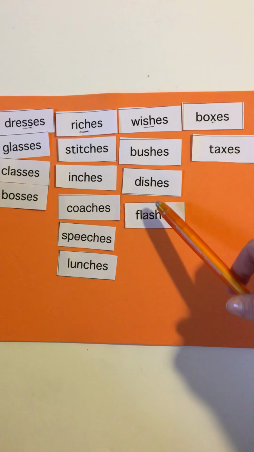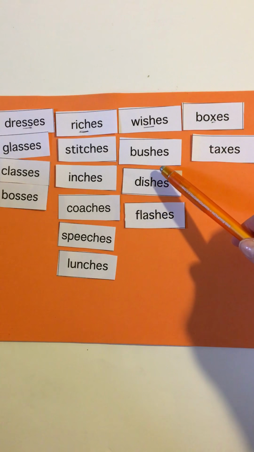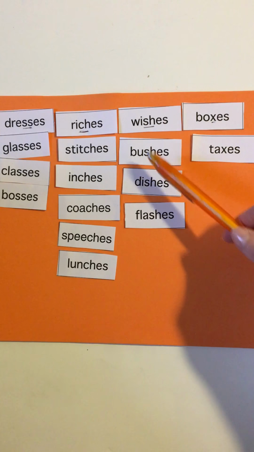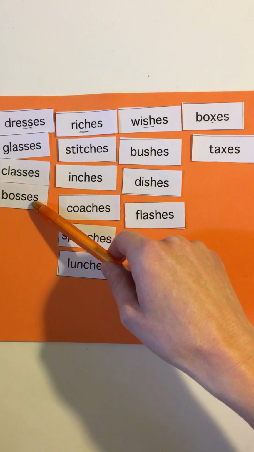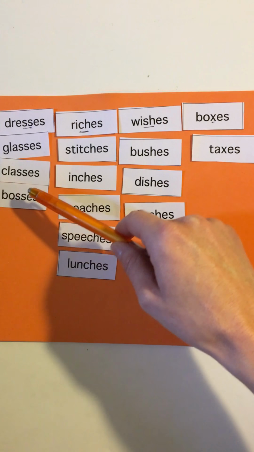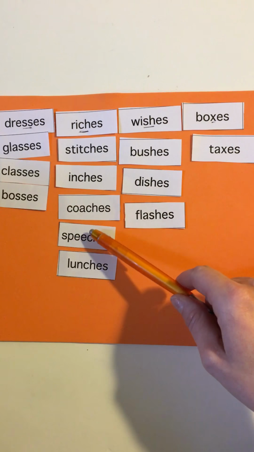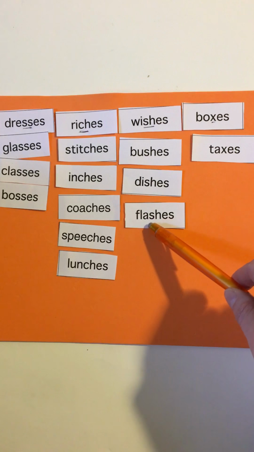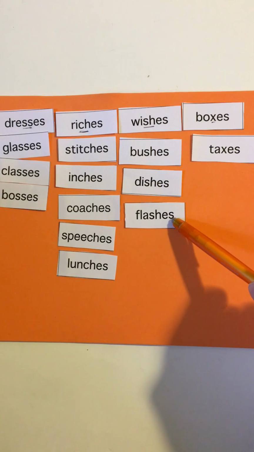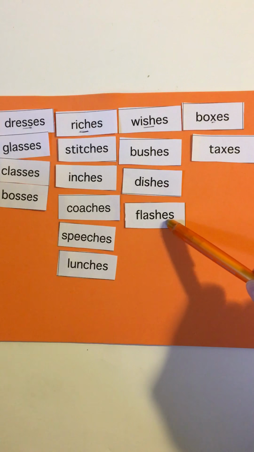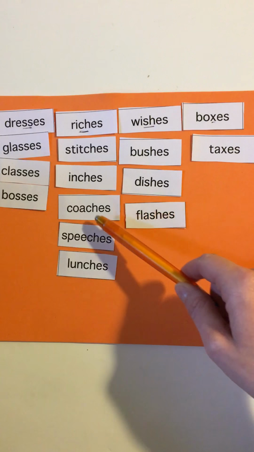Flashes, so you can actually hear it if you listen carefully, that there's an S sound in there. There aren't any words that have three S's in a row, so you have to have another letter separating it. And this would be pretty hard to say, flash-s, you can't really say it like that, so they put another sound in there to separate it out.